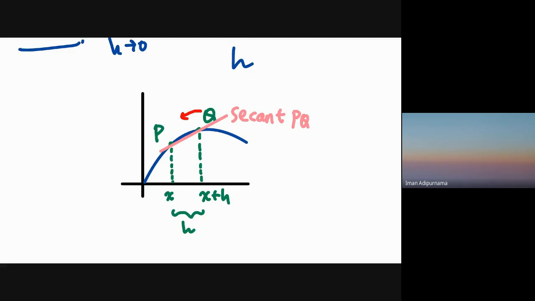Or we can write the tangent here at this point. Okay, so the tangent will be here. This is just a review for calculus 1, and this will be your dy over dx, right?